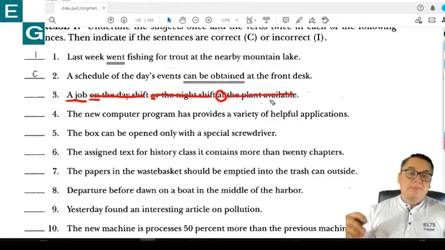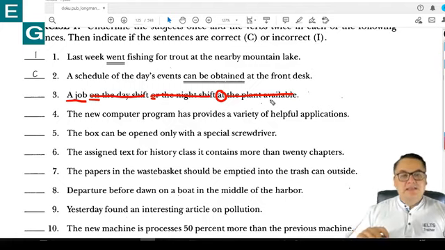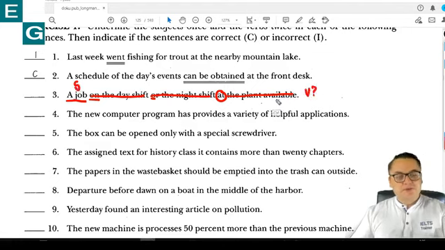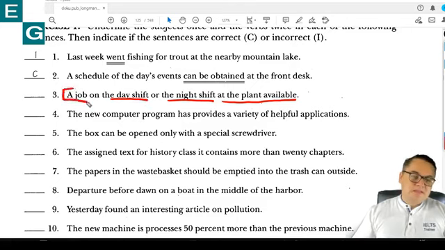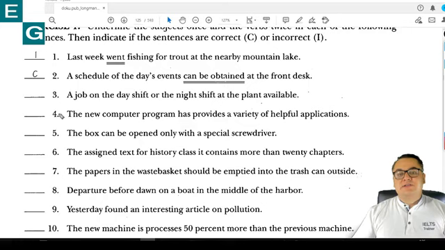So what I mean by this is that in this sentence we don't have a verb. We just have a subject and there is no verb. All these expressions, at the plant available is a place, the night shift, the day shift are not actions. This sentence, even though long, it is not correct.